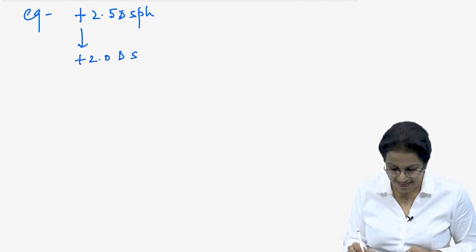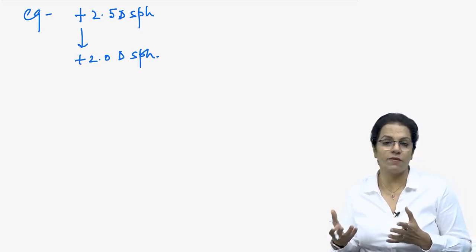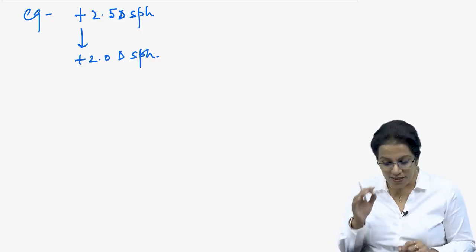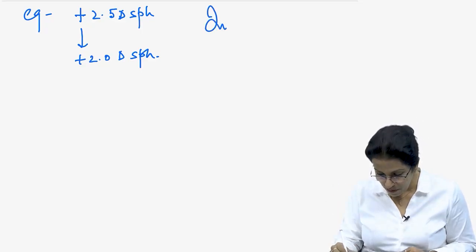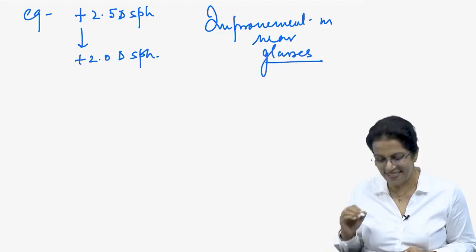He is very happy. In old age, people are having so many different problems in the eye. I am so lucky, my number is also decreasing. This is what is second sight of old age. So what is second sight of old age? Improvement in near glasses. This is what is second sight of old age.